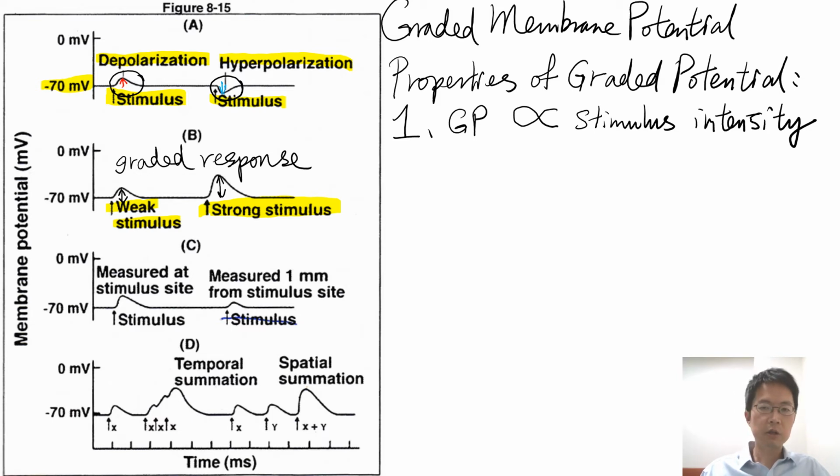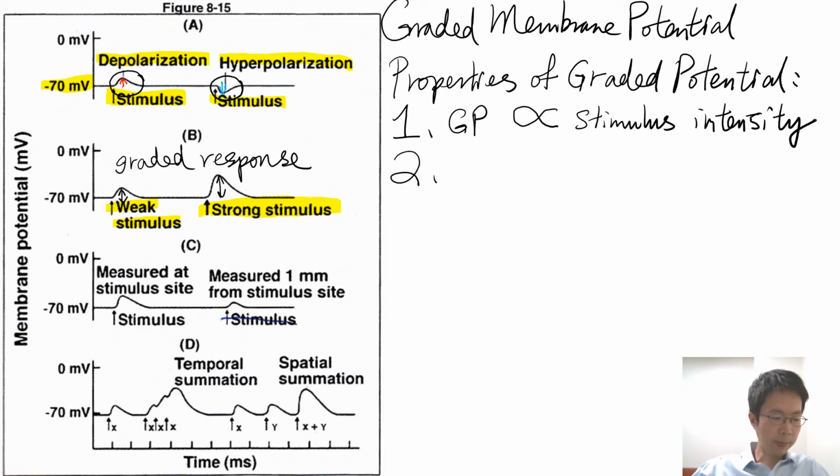If you give a stronger electric shock, then you will have a higher amplitude. That's basically it. The amplitude of the graded potential will change according to the stimulus intensity. That's why I call this directly proportional.